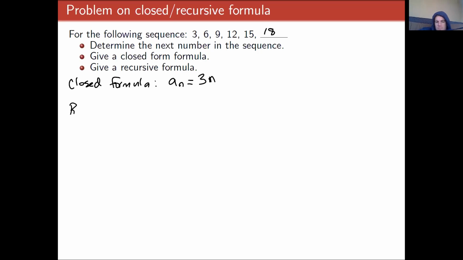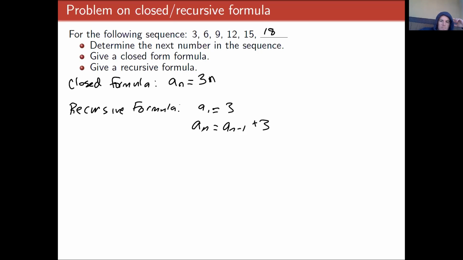Whenever we give a recursive formula, we have to give that starting value. So we have to say that a sub 1 is equal to 3. And then in general, a sub n is equal to a sub n minus 1 plus 3.